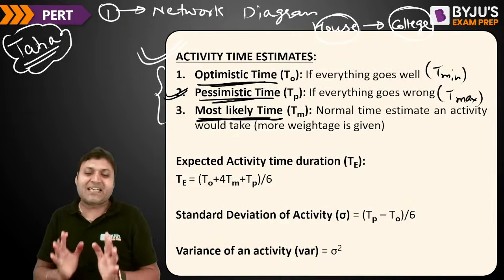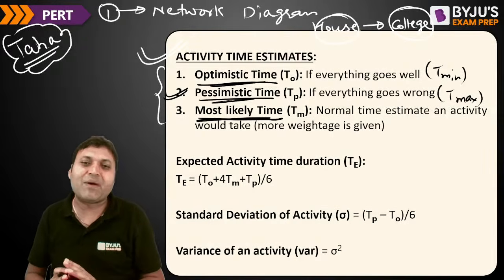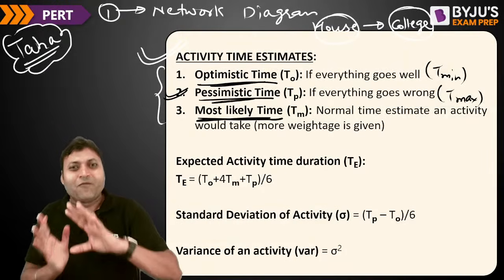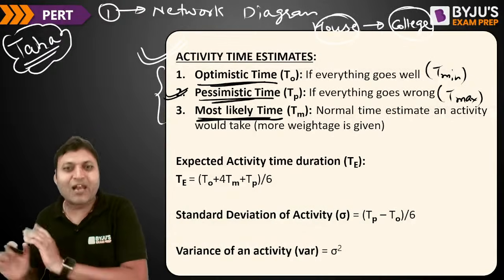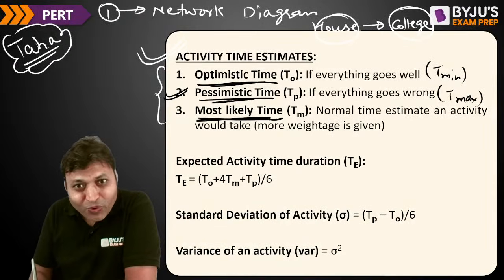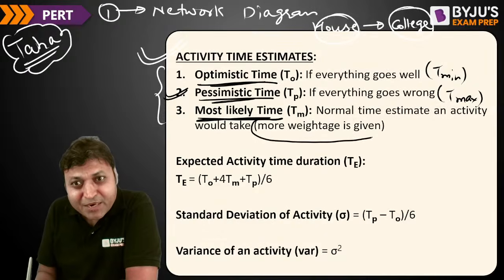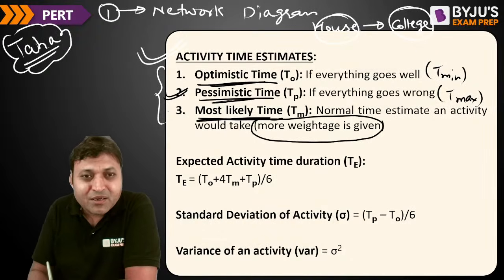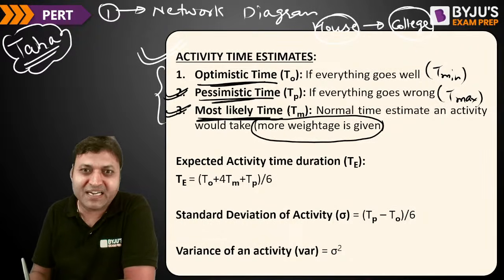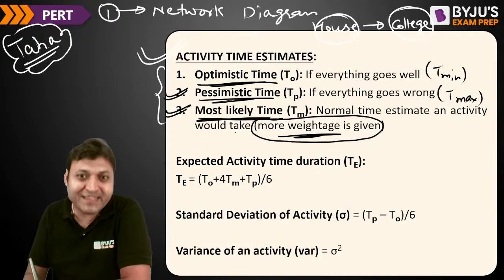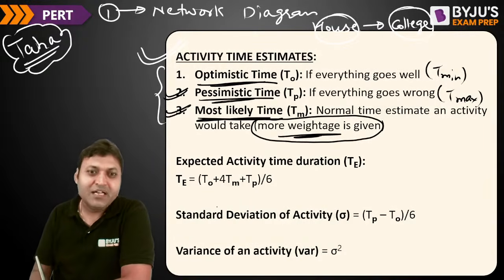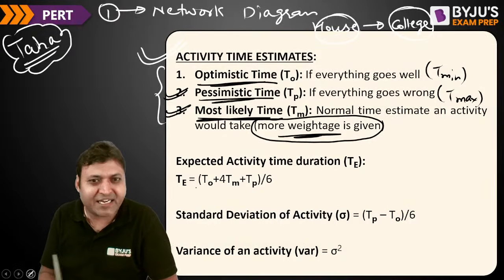But most likely time is when a few things go wrong but a few things go well also. That is why most of the time you will complete a particular activity in the most likely time, and that is why more weightage is given to it in calculating the expected time.